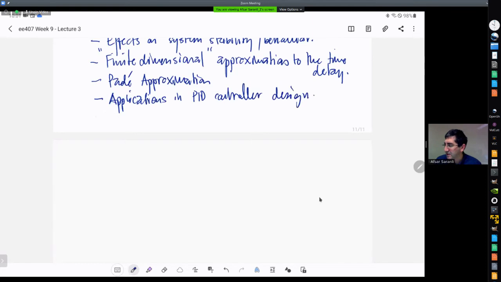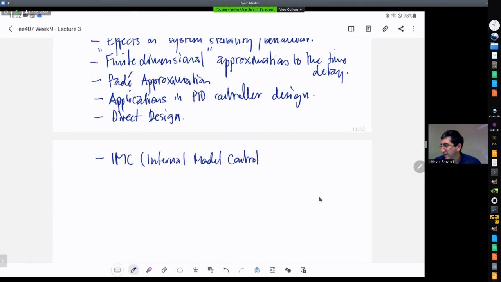Specifically, we will discuss something called direct design, which will very briefly use an approximation to the time delay. But further on, we will discuss something called internal model control. So these two actually will give us derivations of design formulas.